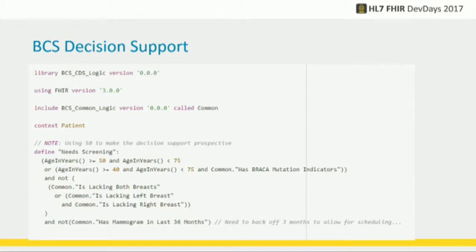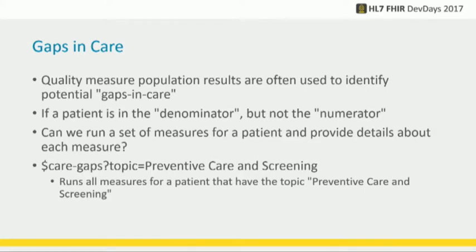All right. So some of the other things that we've looked at for what can we do with this, the components now within FHIR that we have with quality measures. One thing that's often done is gaps in care. These screening measures are used to perform analytics on a population and determine whether there are measures that patients will fall out of, right?